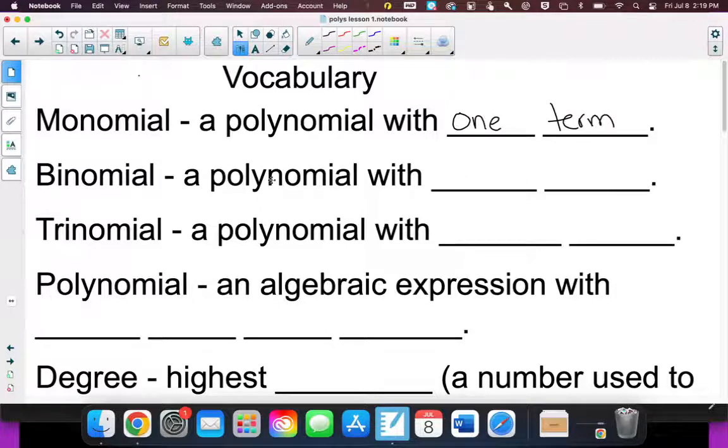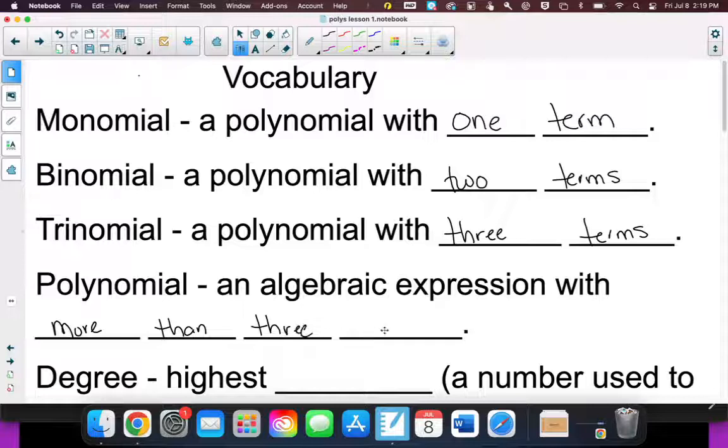Okay, bi means 2. So binomial is a polynomial with 2 terms. Okay, tri, like triangle and everything else, means 3. So a polynomial with 3 terms. Okay, and then we basically use the term polynomial when there are more than 3 terms.